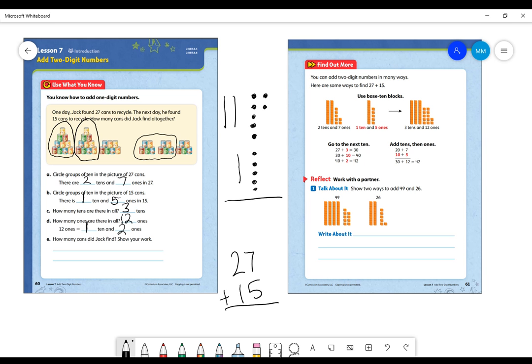So I cannot have a 10 in the ones place. So I am going to circle this group of 10 because 7 ones plus 5 ones makes 12. I'm going to move this over to my 10s place. Because this is a 10, it belongs with the 10. So now I have 2 ones left over.